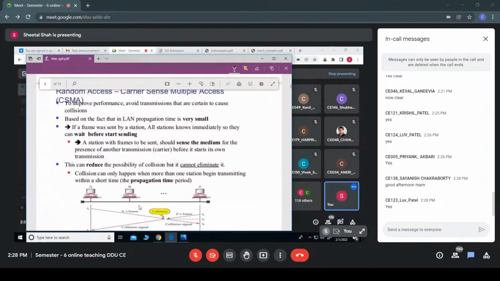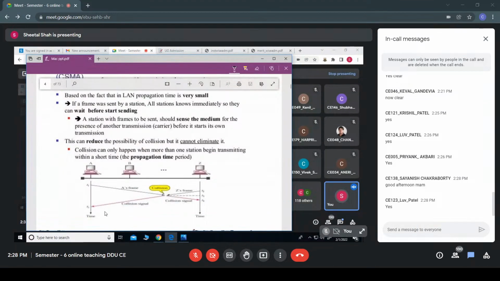But what happens sometimes, due to the propagation delay? Say suppose A is transmitting a certain frame, and the first bit of that frame has not yet reached the other end. It takes certain time to reach from station A to station Z, isn't it?